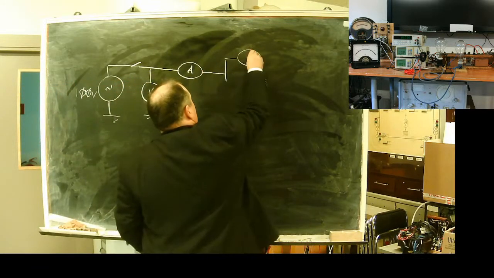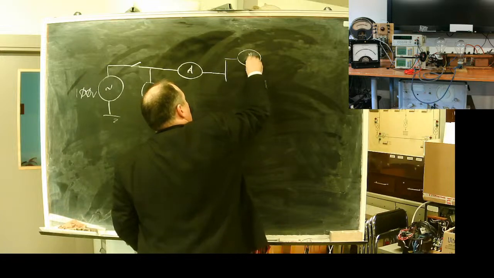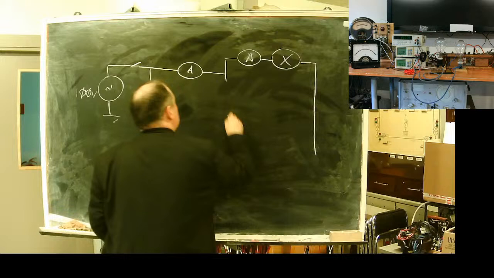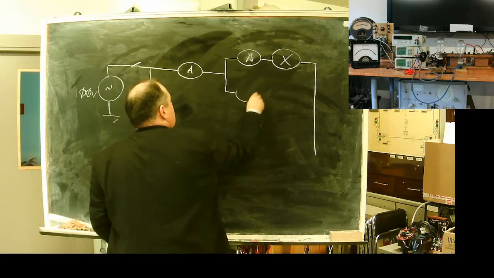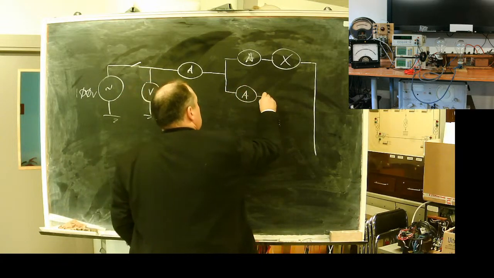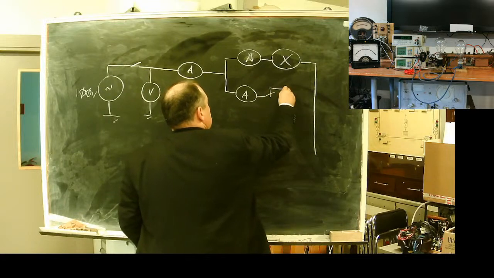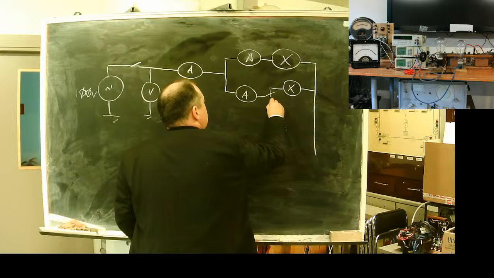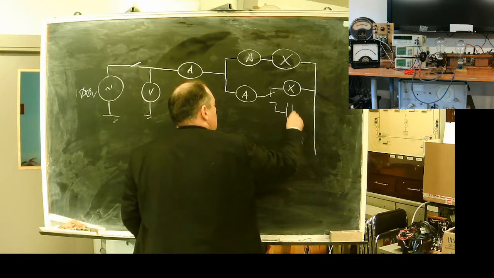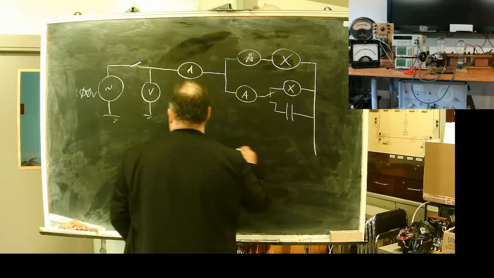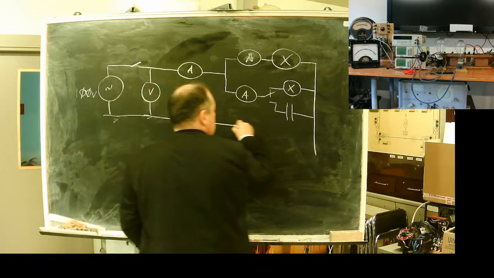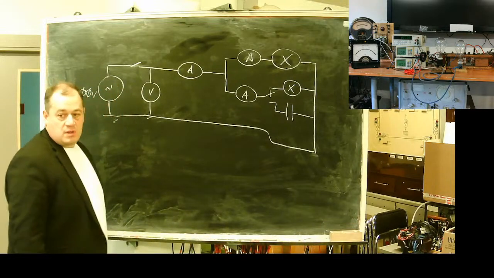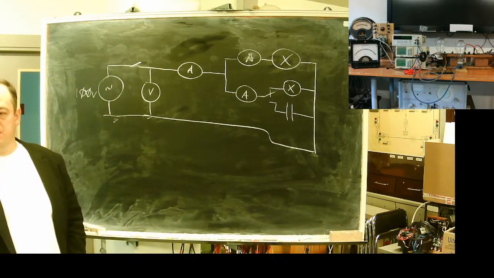I have one branch with a lamp and another branch with a condenser block, and I will have the ability to switch between them. And this connects together. Very simple experiment.